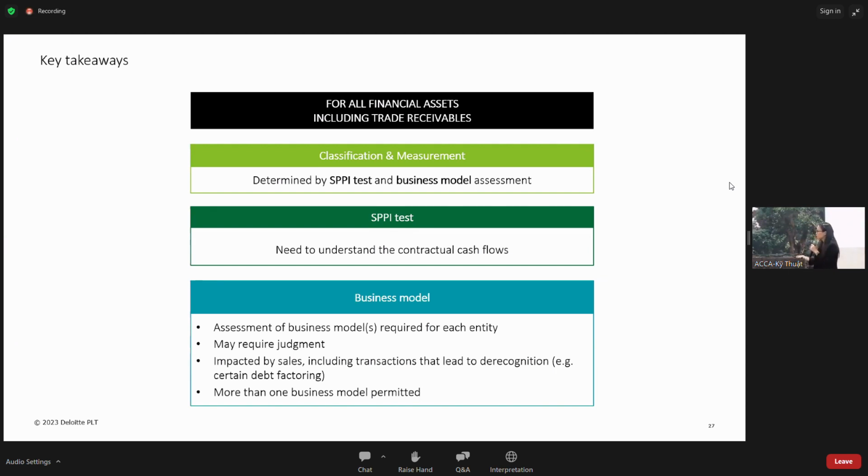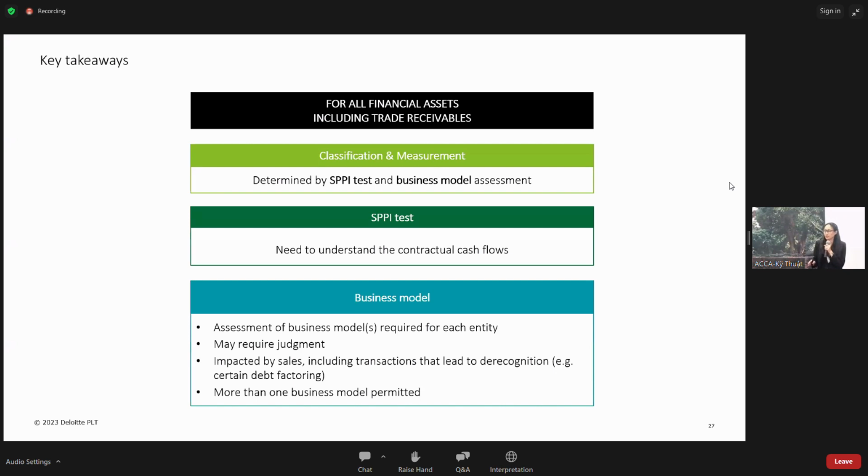So for business model, generally the assessment is required for each entity, because in the financial statement notes to account, right, there is always one part that talks about financial and risk management of the company. There will be a section in the notes to account where you need to tell the reader how you manage things like your liquidity risk, your market risk, interest rate risk, foreign currency risk.